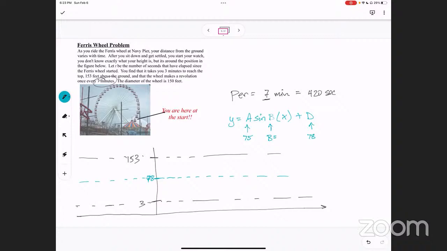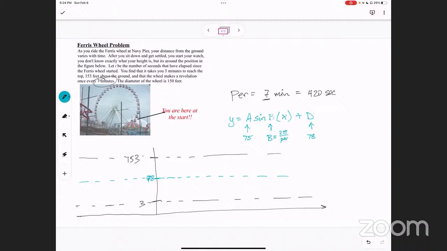What's b, this number, always equal to? Think about what we did on the other pi problem. 2 pi over b. I mean pi over the period. 2 pi over the period. That's right. 2 pi over the period.